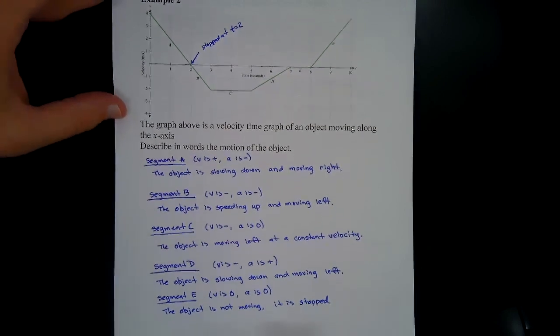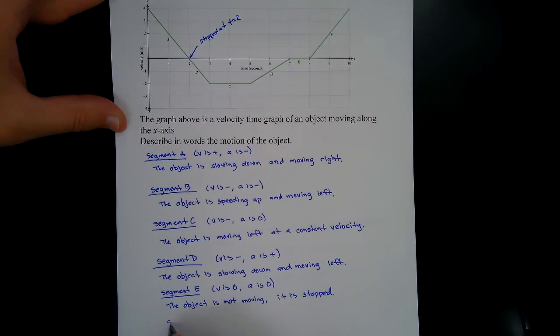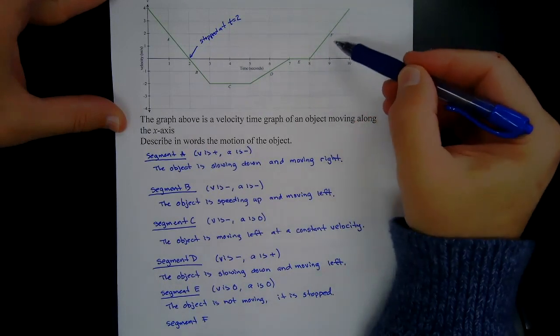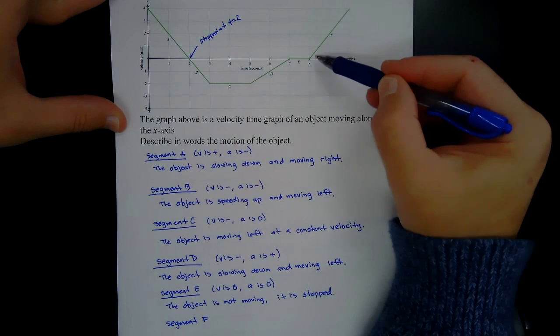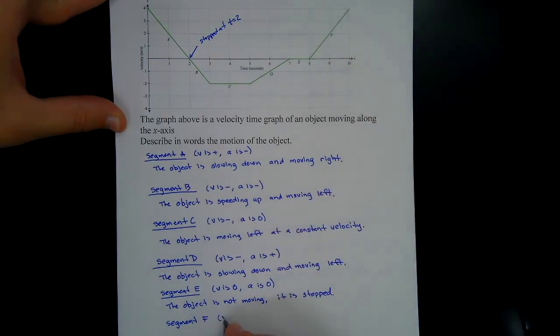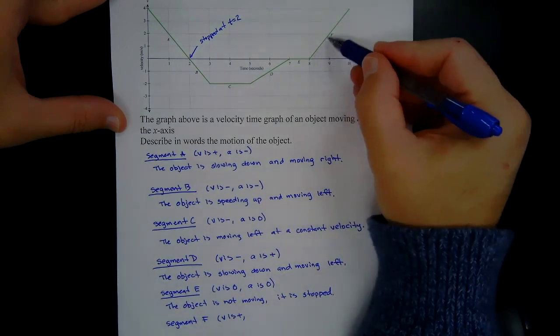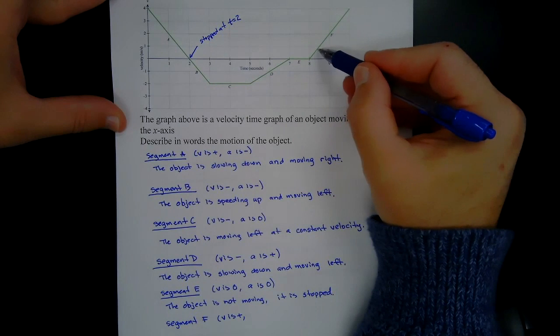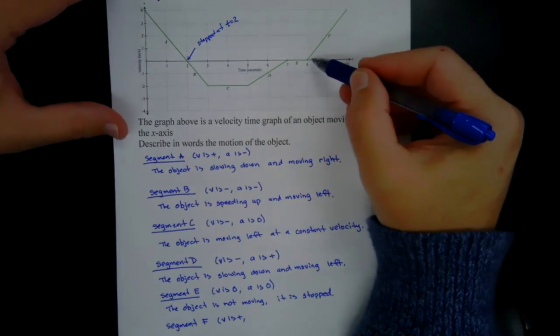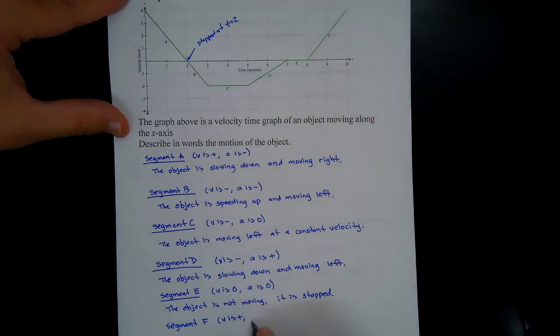And then finally, the last segment, segment F. Okay, so now we look at segment F. Segment F is above. All the velocities above are positive, so that tells me the velocity is positive. It is increasing, which means the slopes are positive, which in this case, because it's a velocity time graph, the acceleration is positive.